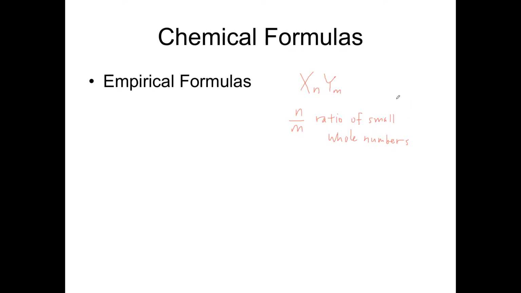Actually, that was really the ratio of the smallest whole numbers possible. That was empirical formulas. We dealt with that a good bit already. We're going to deal with it even more now.